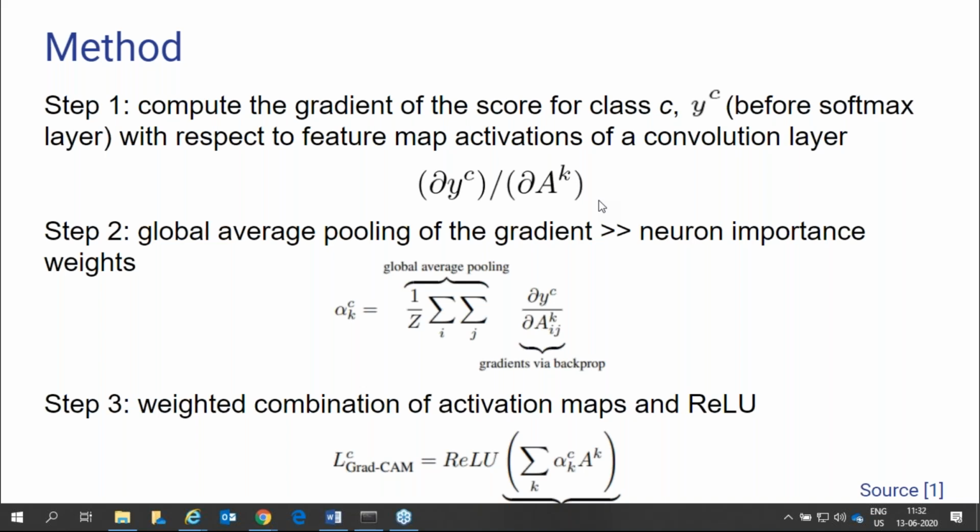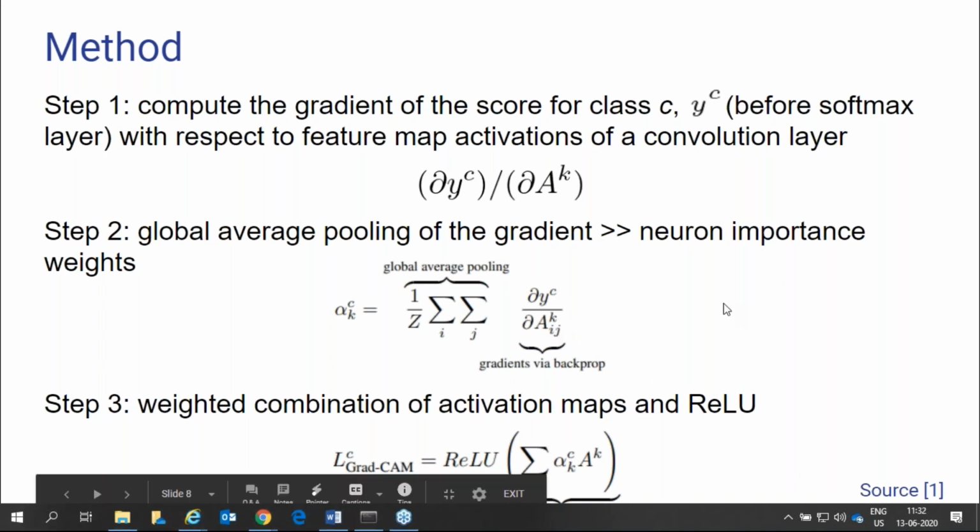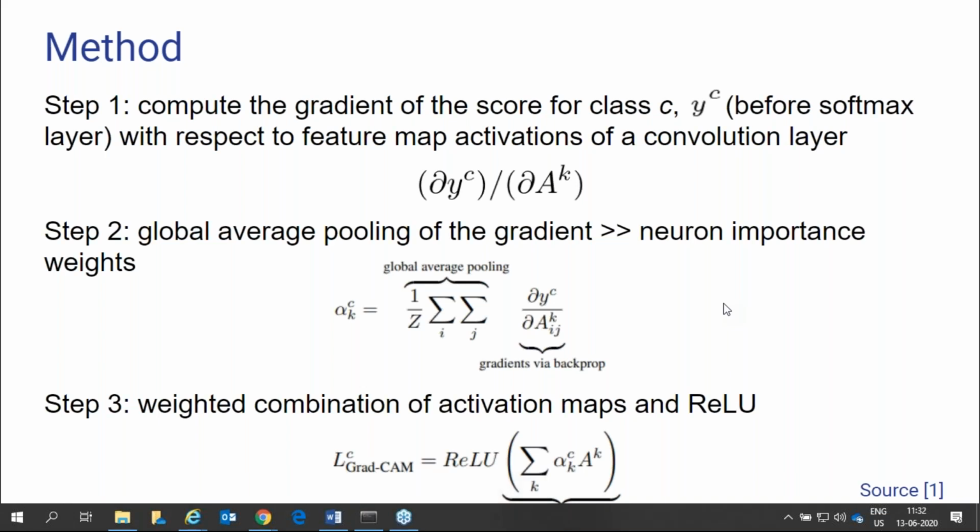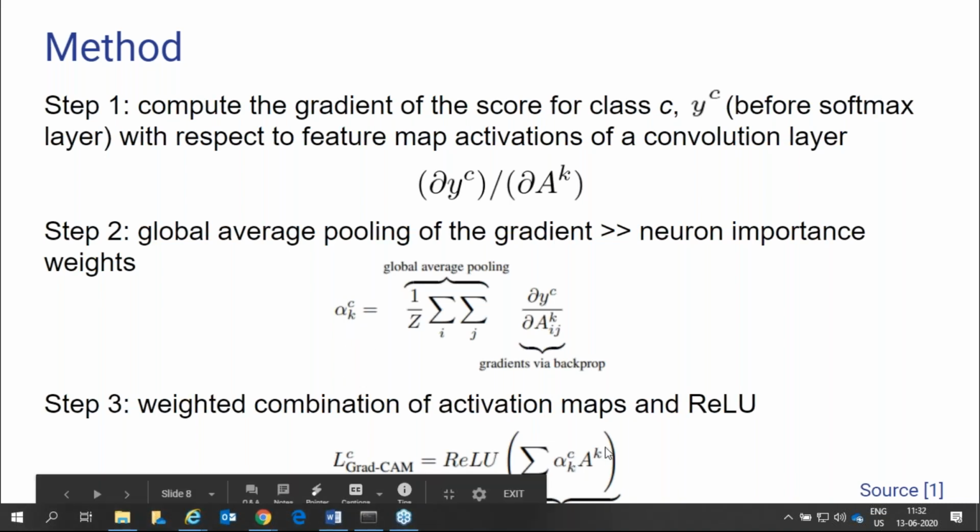Once you do an average pooling of this, it will take the mean over the spatial dimensions. It will give you weights that can be multiplied element wise with the activation maps. So it's just an average. Maybe when you see the code, you will understand.